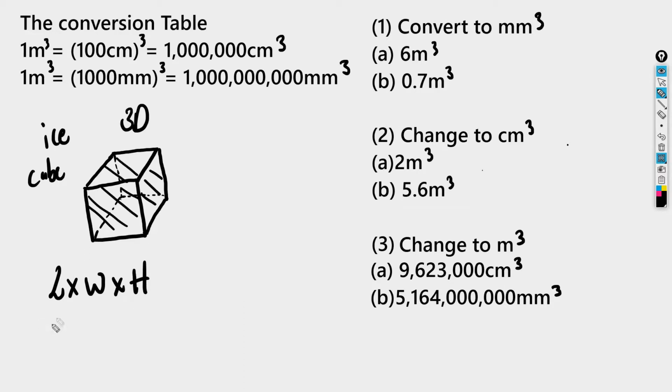In this case we use 1 meter, right? Let's suggest that each side is 1 meter: the length, the width, and the height. We're going to end up with 1 meter times 1 meter times 1 meter, which will be equal to 1 meter cubed.